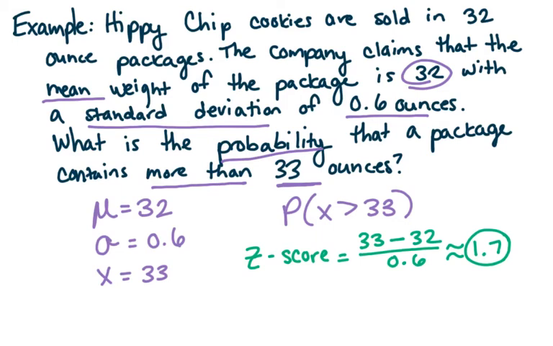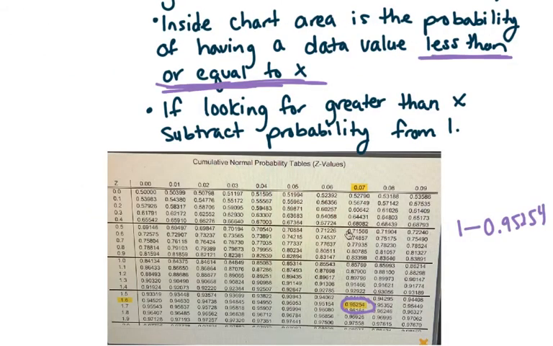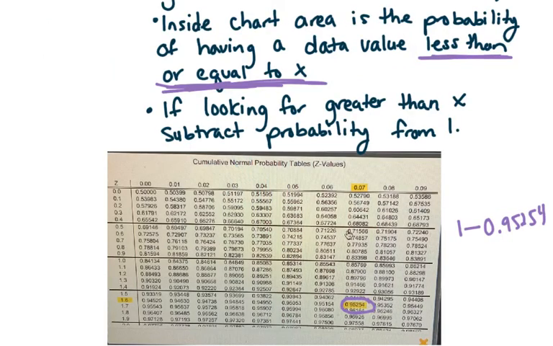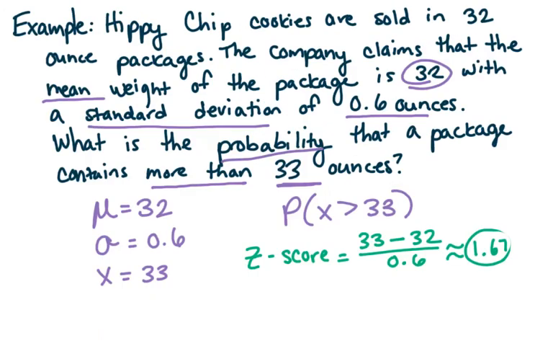So I'm going to go back to the table and find 1.67 in the hundredths place. I already showed you how to find that one specifically. We would look at 1.6, then go out until we get to 1.67. Remember that this probability, 0.95254, is the probability that x is less than or equal to 33.